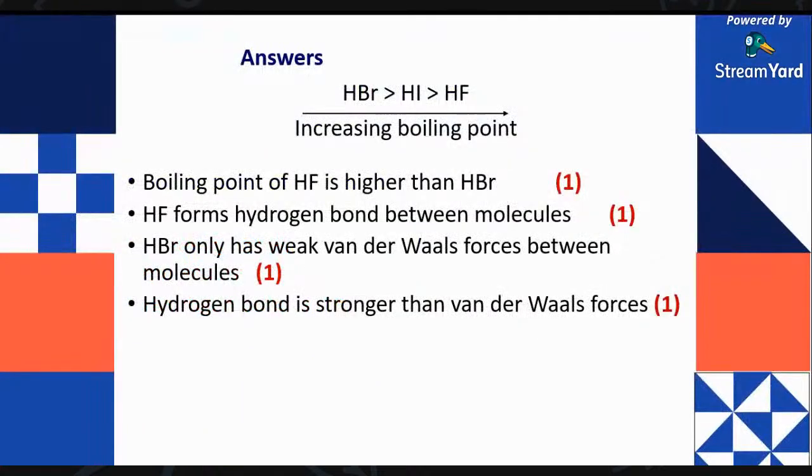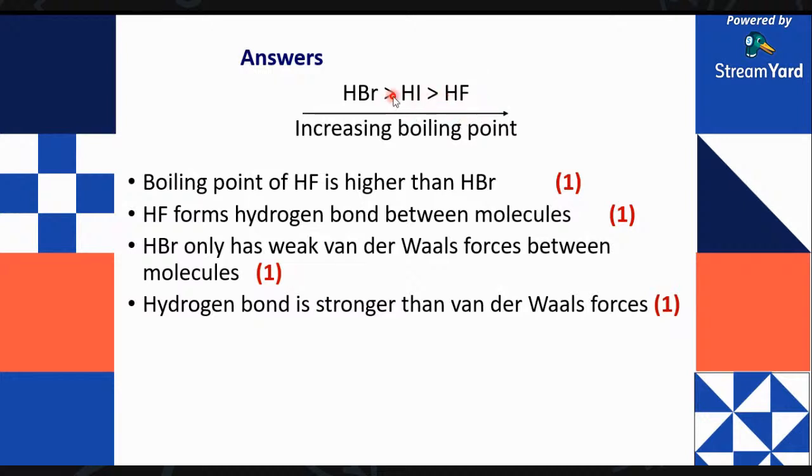Here's the answer. As you can see, I have used the symbols, whereby they have set it to arrange by increasing boiling point. Sorry, the symbols are actually inversed. I'm so sorry about that mistake. The symbol is supposed to be inversed. Hydrogen fluoride has got the highest boiling point.